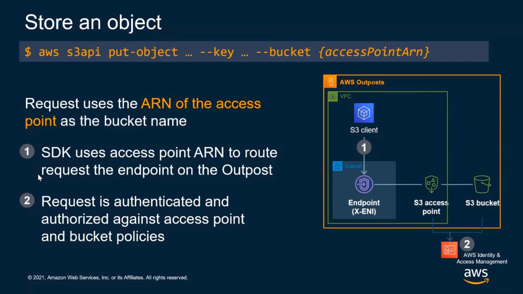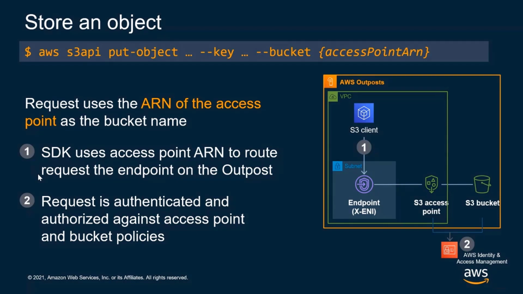I'm showing a put object here, but this equally applies to a get object. You specify the key, or the name, of the object you want to put or get. In your request, you use the ARN of the access point as the bucket name.